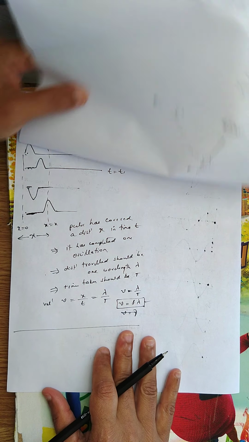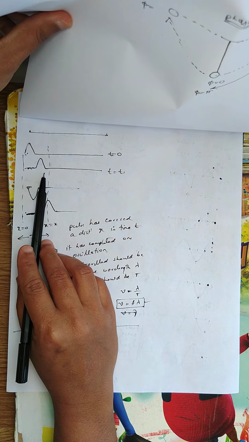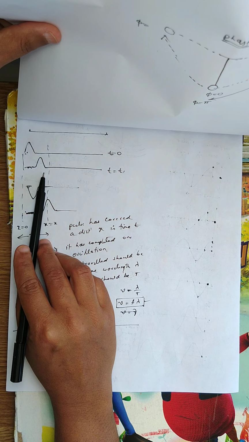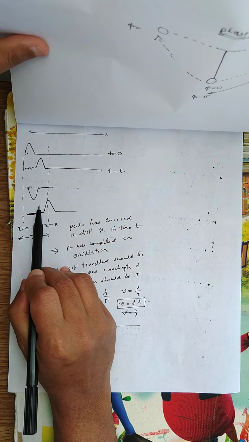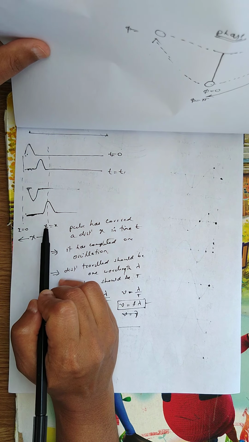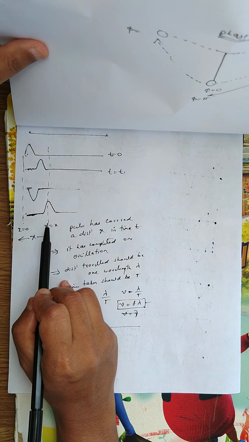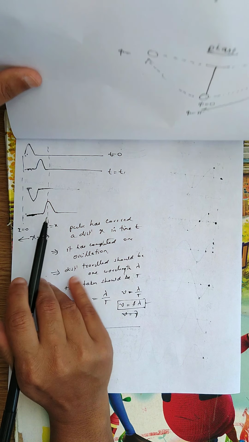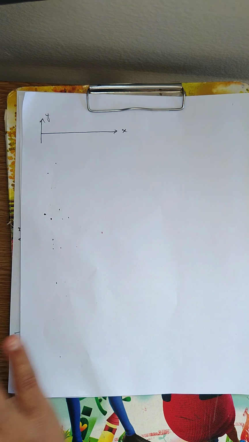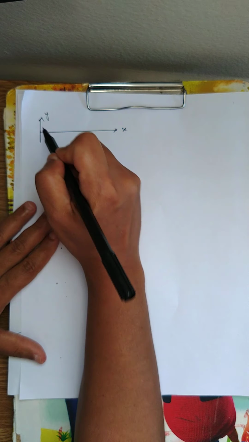Just like how we have set up here, how we have initiated a wave pulse. We stopped when the wave pulse traveled a distance equal to one wavelength, but let it go ahead and set up a full wave.